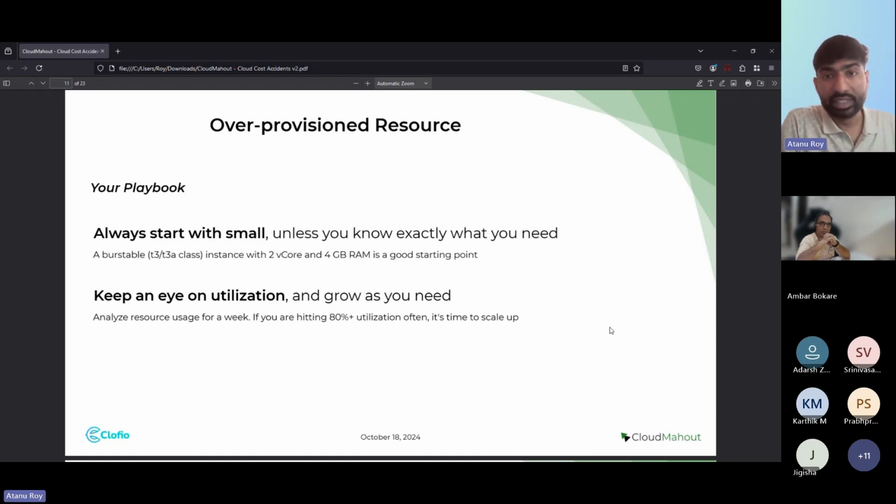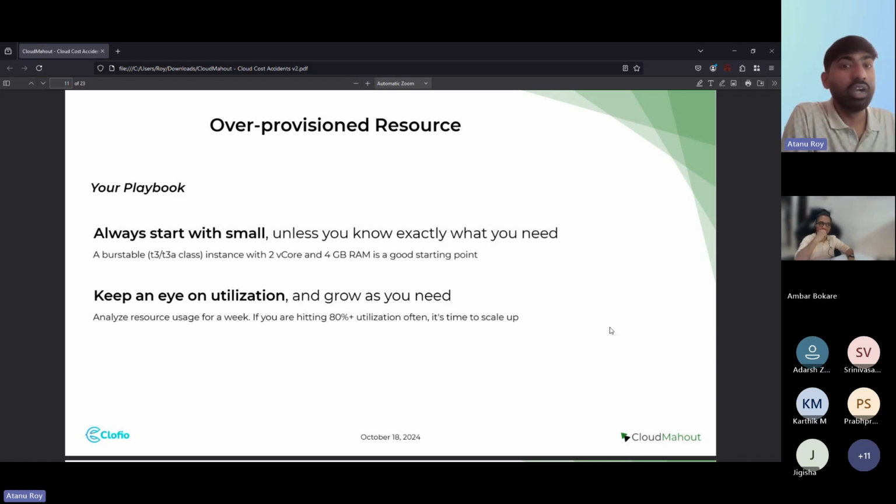If you are doing your research, or it is a development environment, we strongly suggest using a burstable instance, if it is a database or EC2, like T3 or T3A classes. If you want to start with small, 2 core 4 GB RAM is a decent place where you can start, right? If you are running even lighter infrastructure, you can always go for 1 core 2 GB or something like that. But 2 core 4 GB will cost you roughly $20 per month. That is a good starting point.